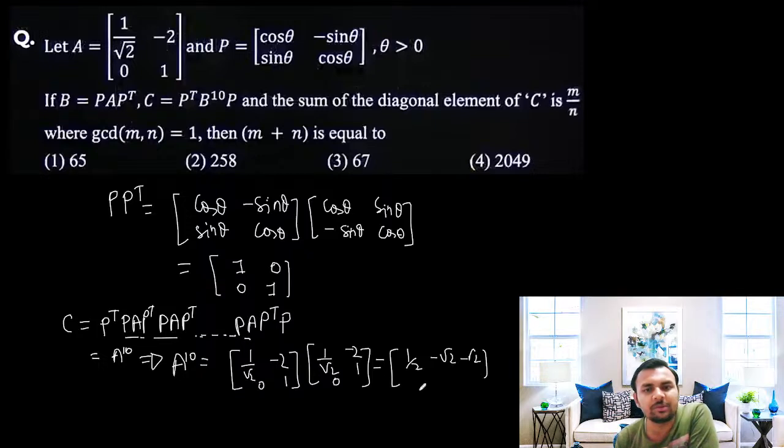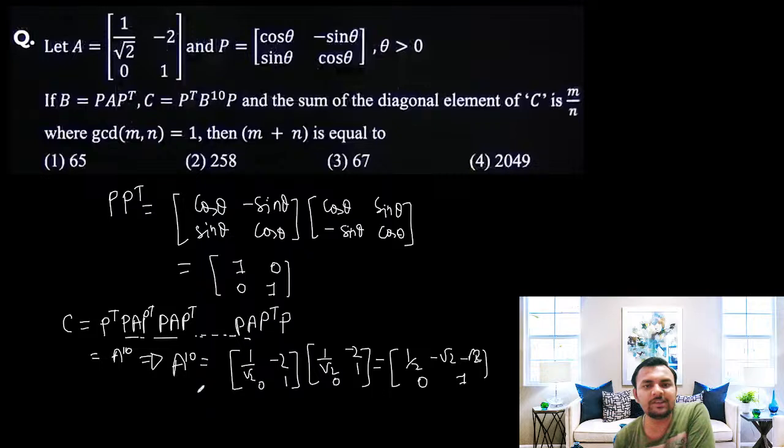Okay, 0, 1, 1, 0, 0, 0. So this is going to happen. It is 2 root 2 somewhere, this is 2.